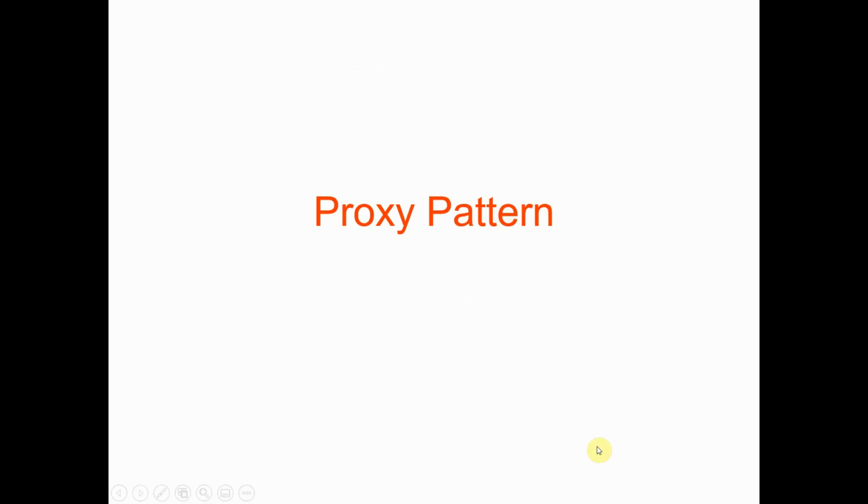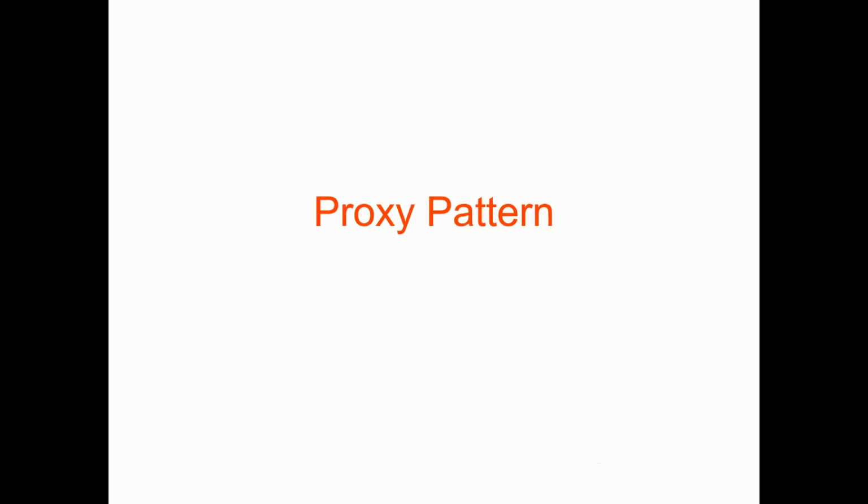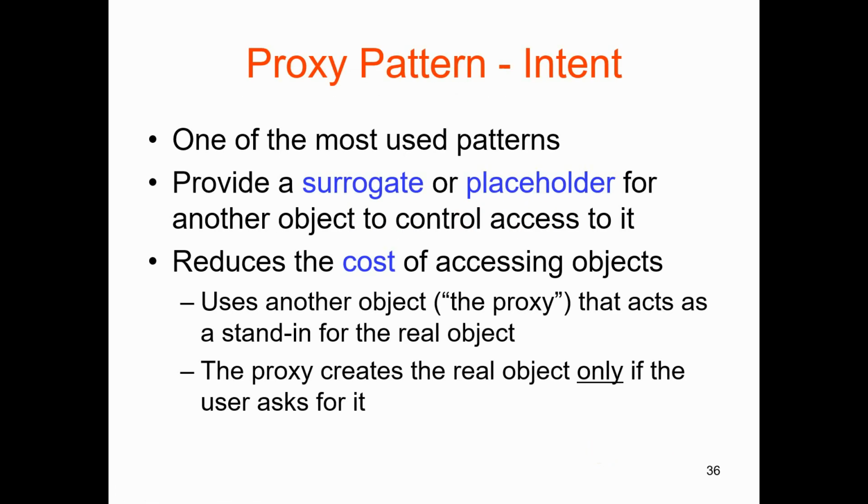Okay, I think that's it for the facade pattern. The second pattern is the proxy pattern. The proxy pattern is one of the most used patterns, like the adapter pattern, which is another often used one. It provides a surrogate or a placeholder for another object to control access to it.